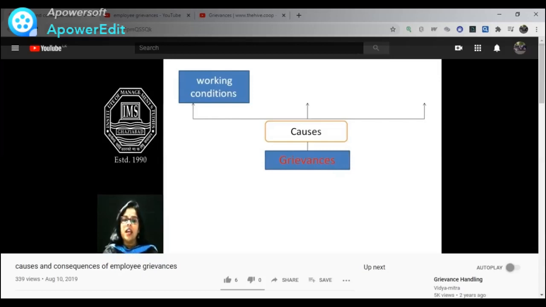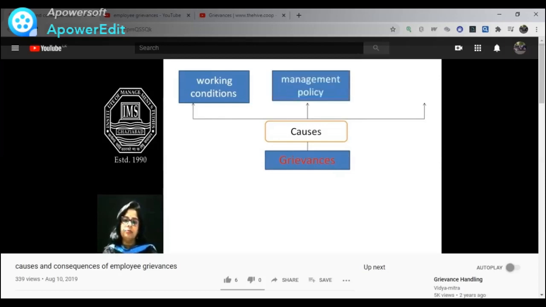So if an employee has any kind of problem or dissatisfaction with his working condition, such grievances are also caused by the working condition.